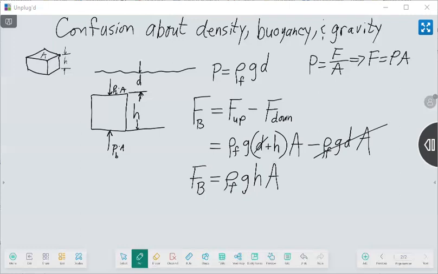Now, looking at this again, what is the area of the top surface multiplied by the height?